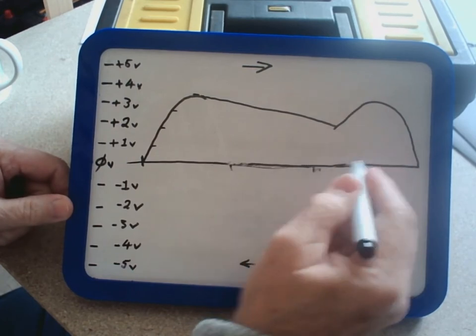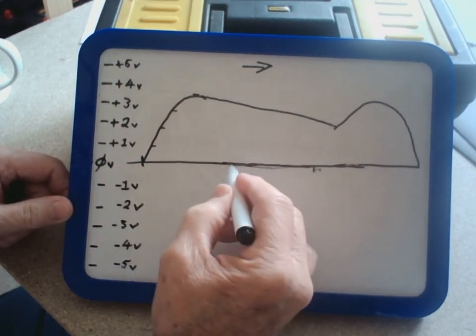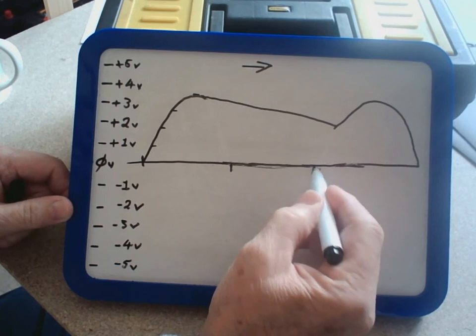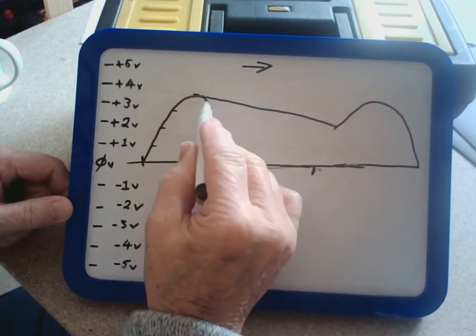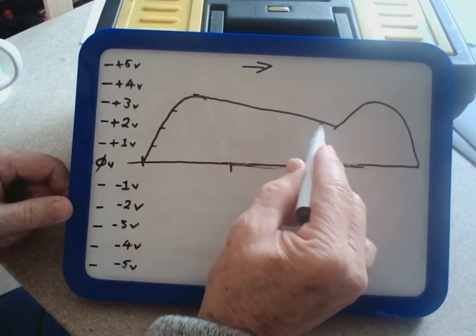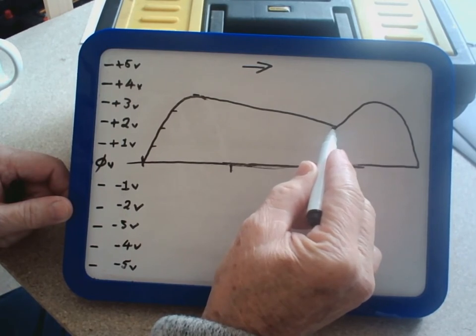So now, instead of no voltage getting to the bulb from that point to that point, there was a voltage, albeit a slightly reducing voltage as the capacitor discharged.